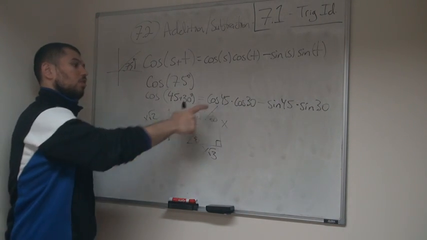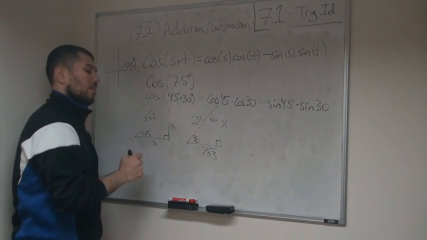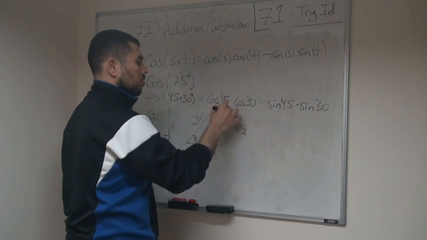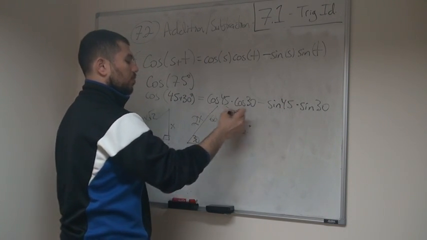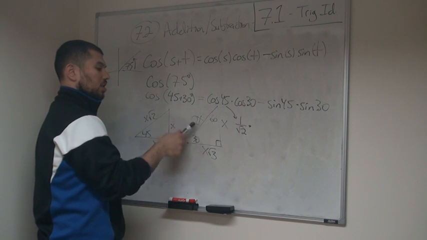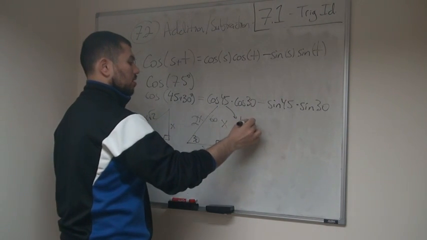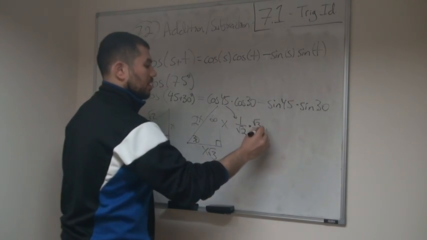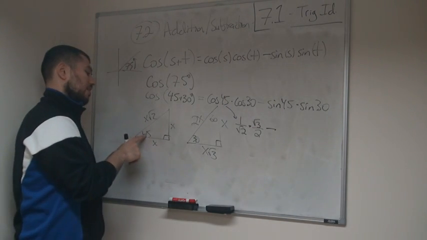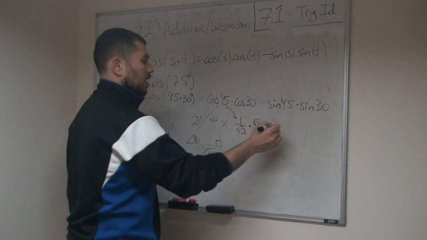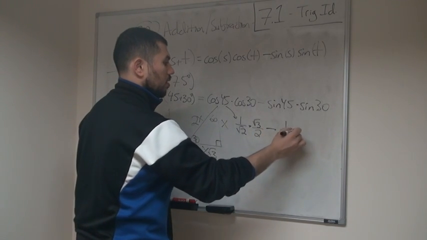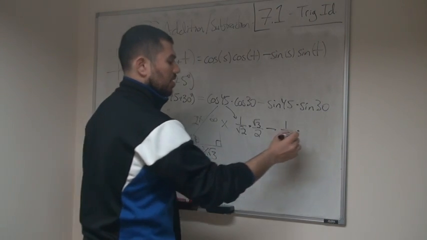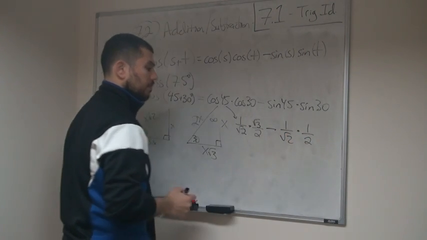The cosine of 45 is adjacent over hypotenuse, x over x root 2, 1 over root 2. I'm going to multiply that by the cosine of 30, adjacent over hypotenuse, which is root 3 over 2. Then we're going to subtract the sine of 45, which is opposite over hypotenuse again, 1 over rad 2, times the sine of 30, which is opposite over hypotenuse here, 1 over 2.